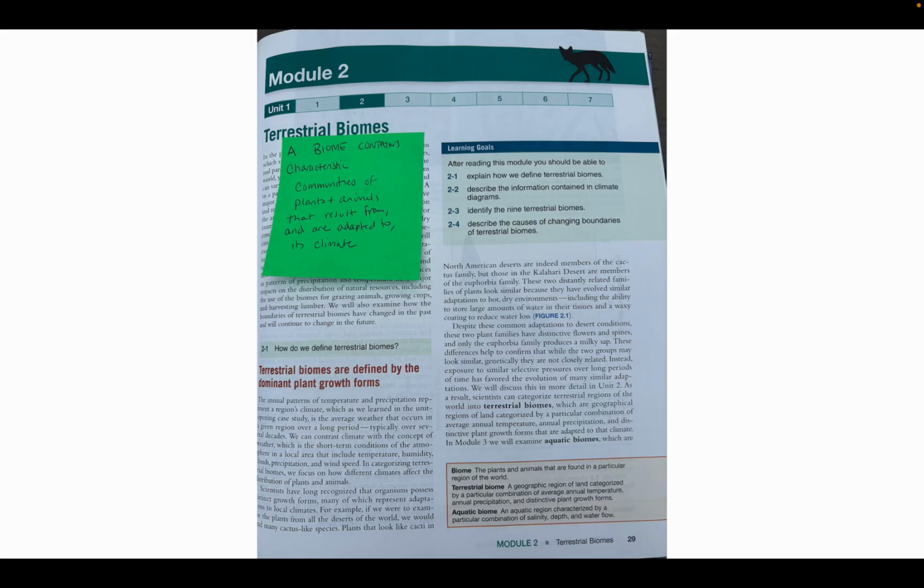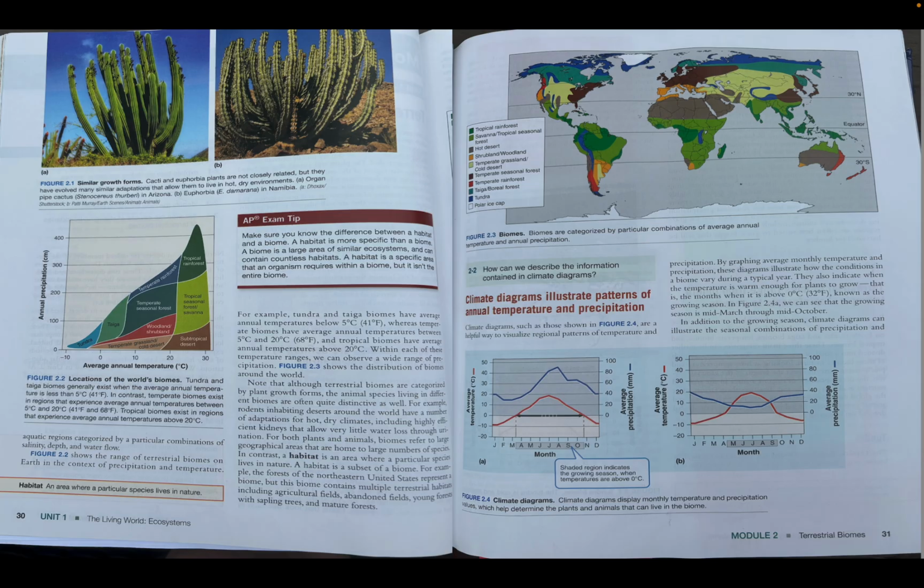And so a big portion of this first unit, unit 1, is understanding how to read these climate graphs. When we talk about biomes, we're really focused on the climate. That climate takes into consideration both precipitation and temperature, which is the driving force of what things can grow and what things can't grow in certain regions of the world.